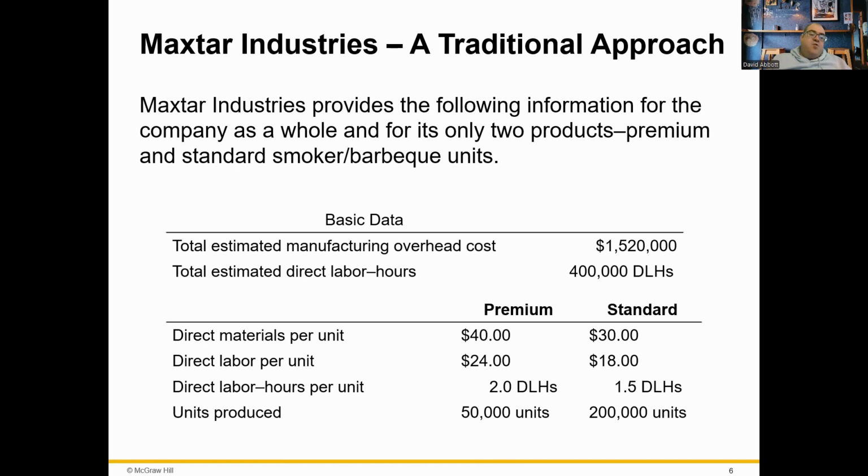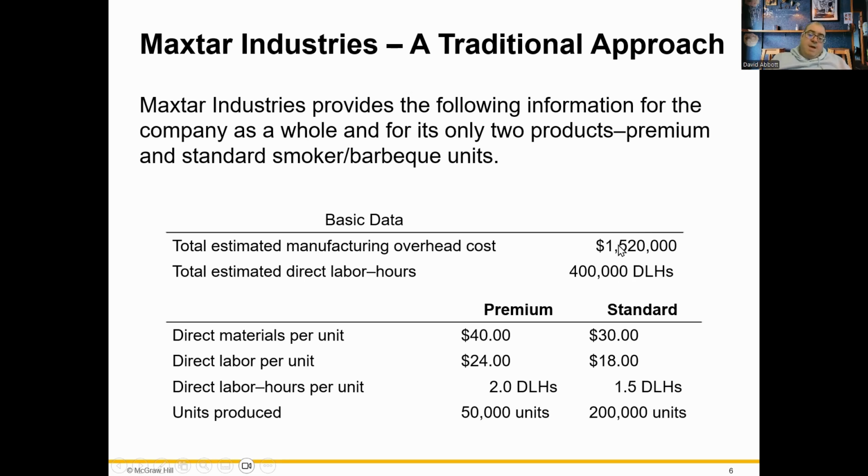Now, if we assume that Maxtar's traditional cost system relies on one predetermined plant-wide overhead rate, and they would use direct labor hours as the allocation base, then its plant-wide overhead rate is $3.80 per direct labor hour, computed as shown. So if you just divide the two, you're going to get that.